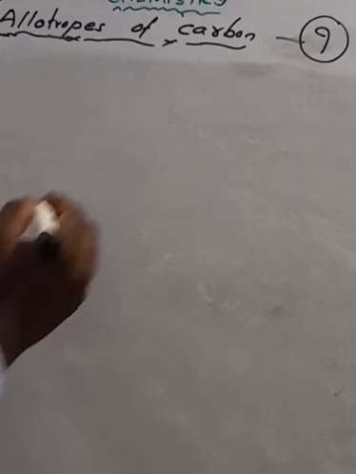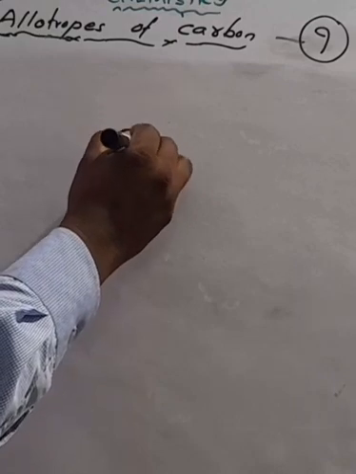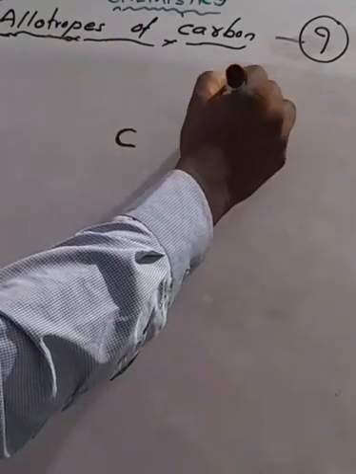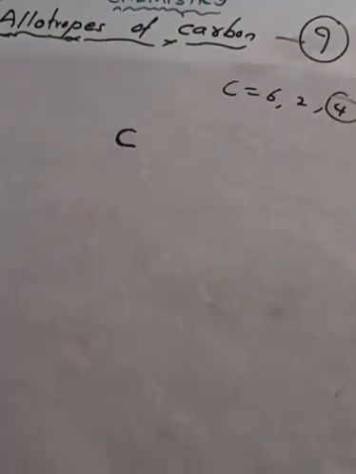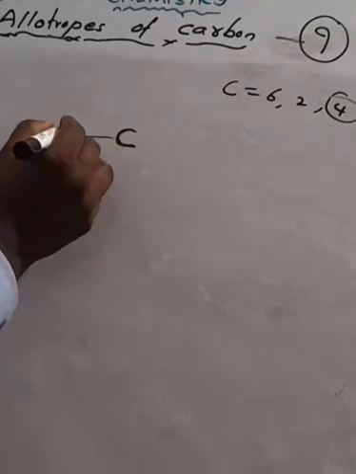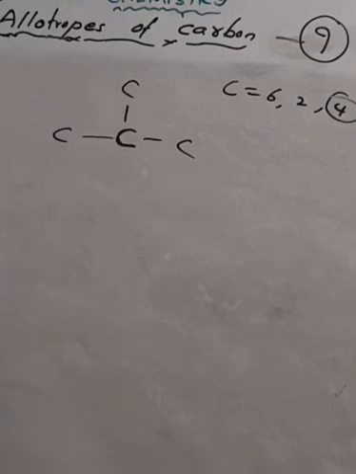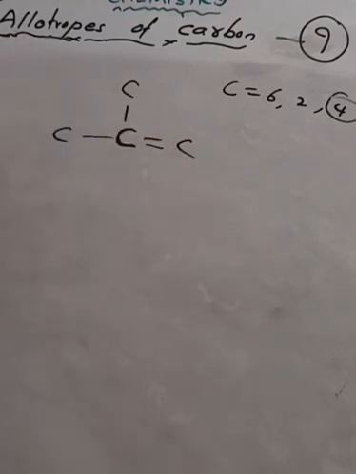Each carbon atom has four electrons in its outermost shell. These four electrons can bond to other carbon atoms. In graphite, each carbon atom bonds to three different carbon atoms.